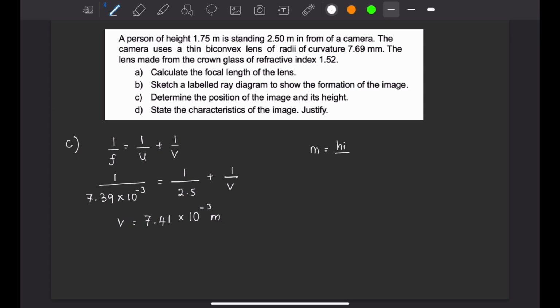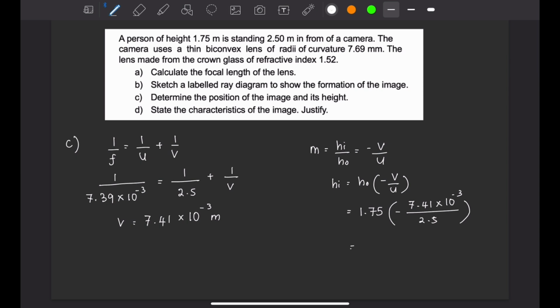And for the height of the image, we use the magnification equation. So we have the V already, we have the HO, we have the U. Substitute everything in the equation. 7.5 minus 7.41 times 10 to the power of negative 3 over 2.5.